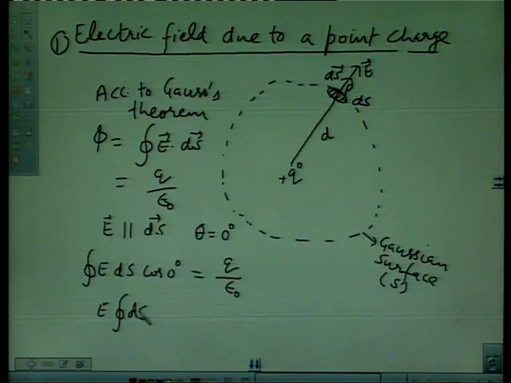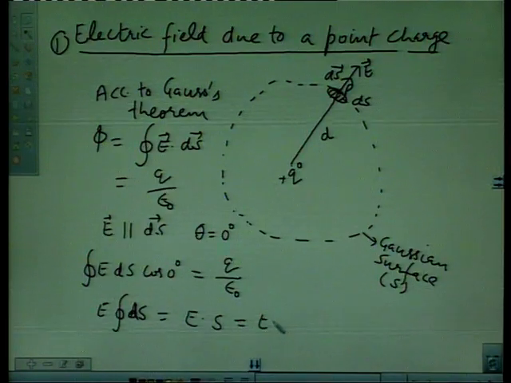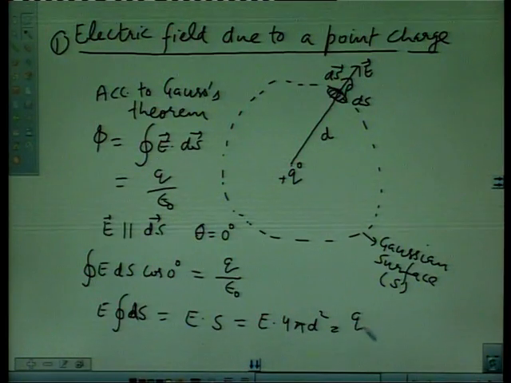Here we have integral of ds. This is equal to E into total surface area S. The total surface area of this sphere is 4 pi d square, which is equal to q upon epsilon naught.